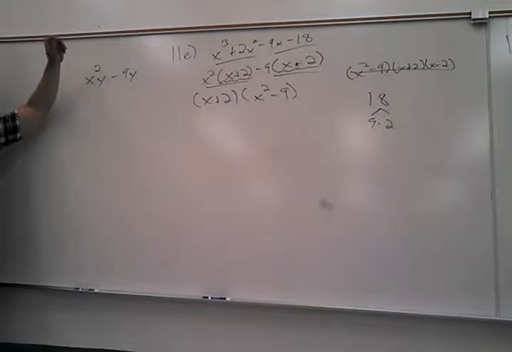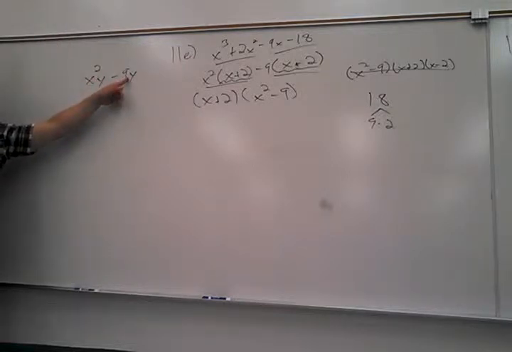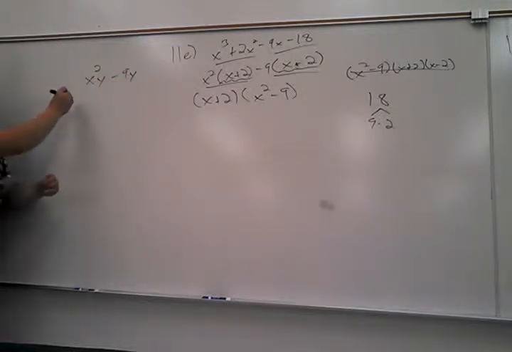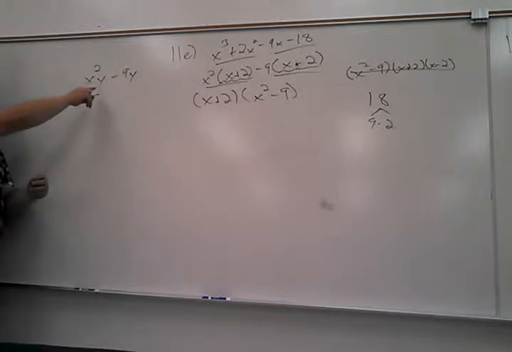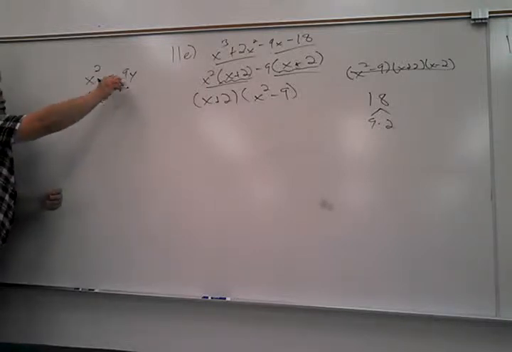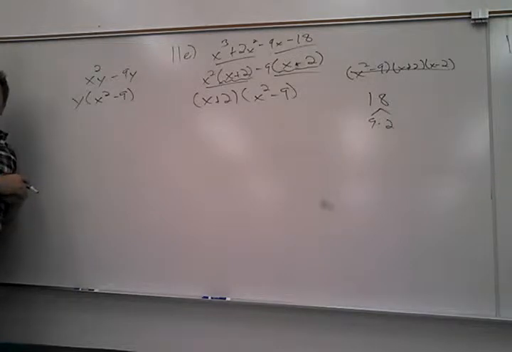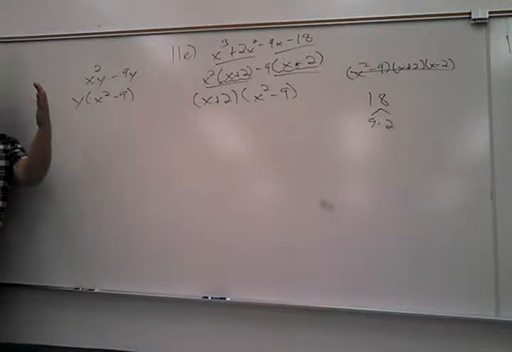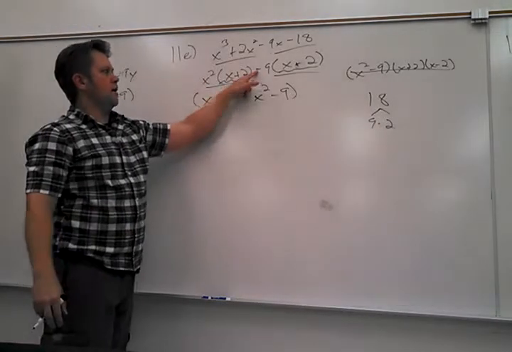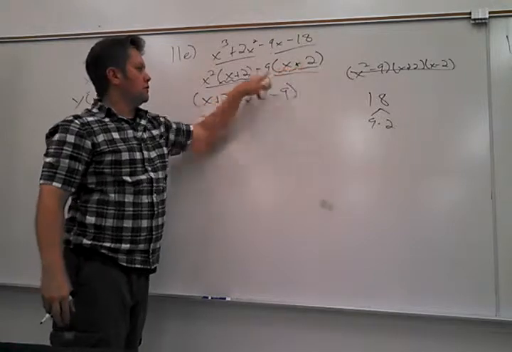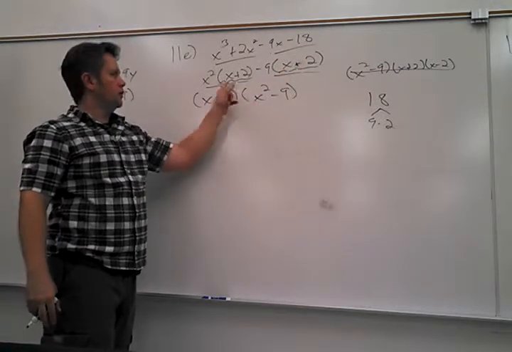Just the Y comes out. What's the GCF of both of these? Y. What's left? Take a Y out, you get X squared. Take a Y out, you get 9. So that's GCF. Now, what if Y was X plus 2? That's exactly what I have here: X squared Y minus 9Y. The Y comes out, and I'm left with the other stuff in each.